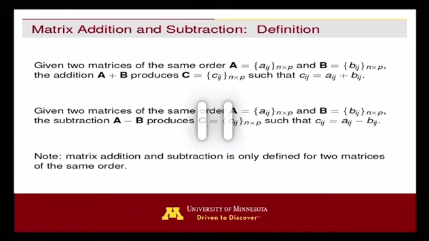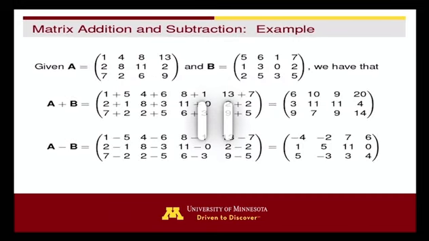The way we add them, we only add elements in the corresponding positions. As for subtracting, we also subtract elements in the corresponding positions. Very easy to add, very easy to subtract.